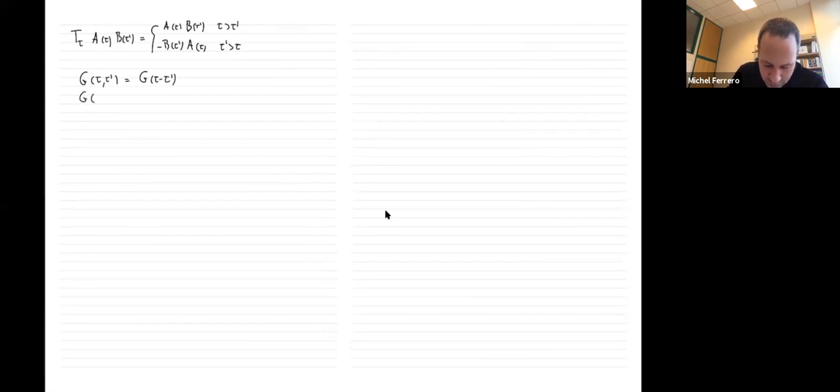If I take G at tau plus beta, where beta is 1 over the temperature, this is nothing but minus G of tau. So if you want, the function is antiperiodic in beta.